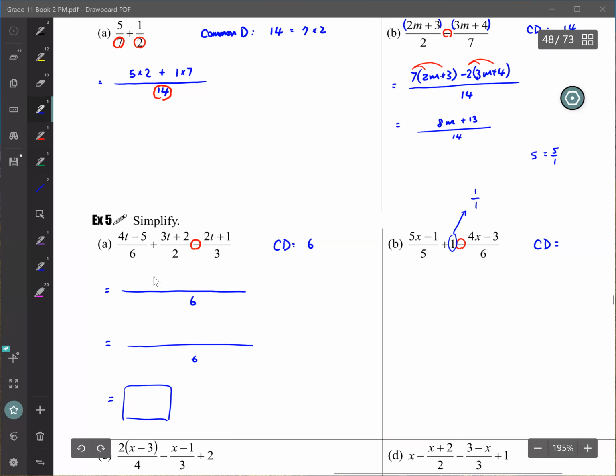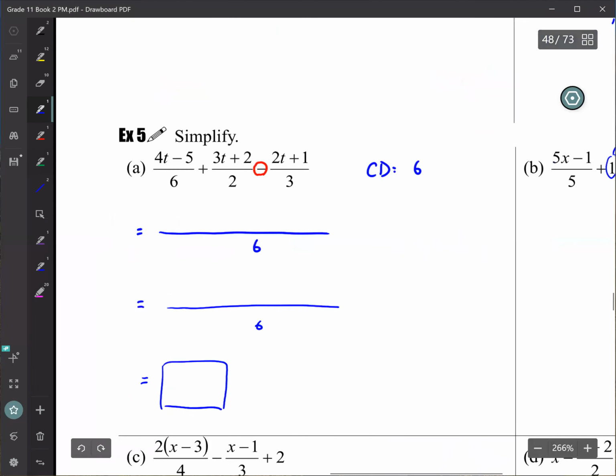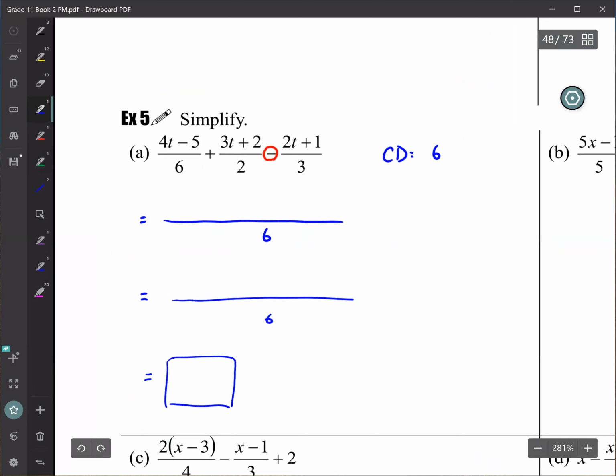Anyone has questions about what to put on the numerator? We'll go over A, okay, while other people are still working. But by now you should have finished question A, at least.